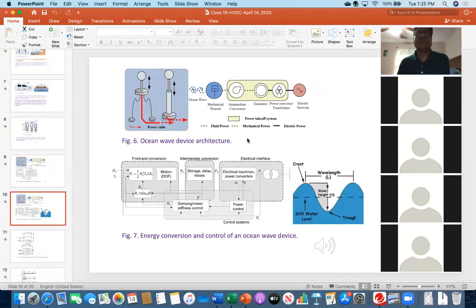So moving forward, this is another example of an ocean wave device architecture.